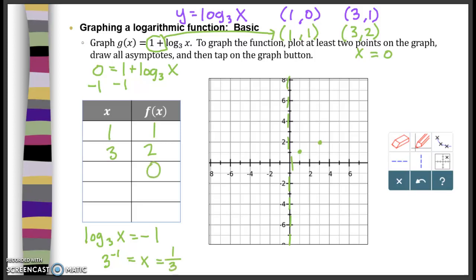So when I plug in 0 for y, I get 1/3 for x. That's an important distinction. So at 1/3, I'm going to have my x-intercept. And then I can go ahead and fill that in like this. So there's another example.